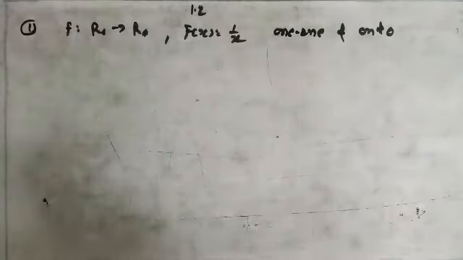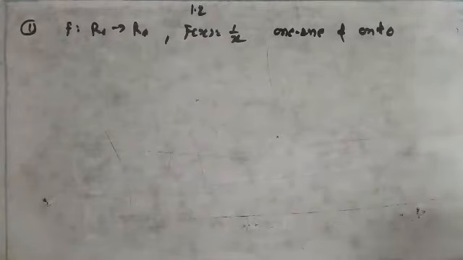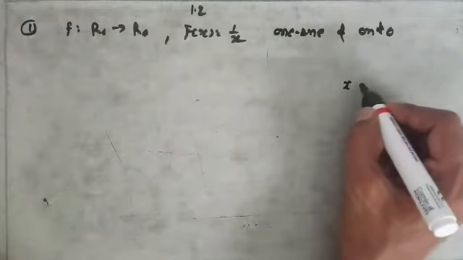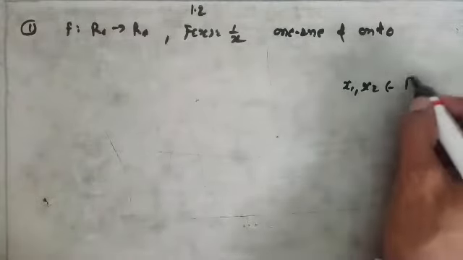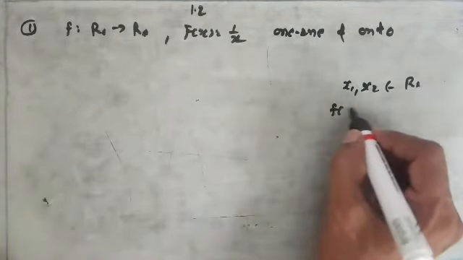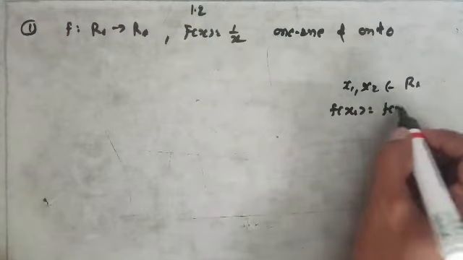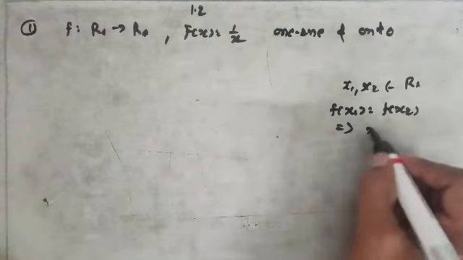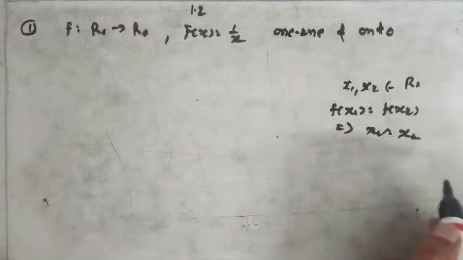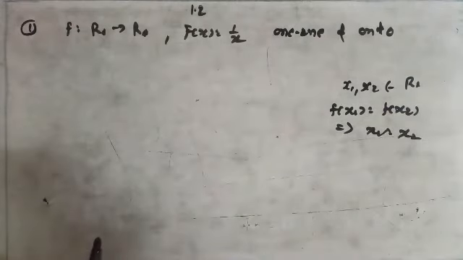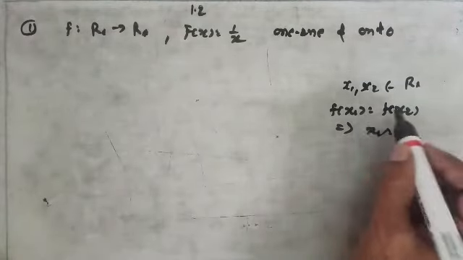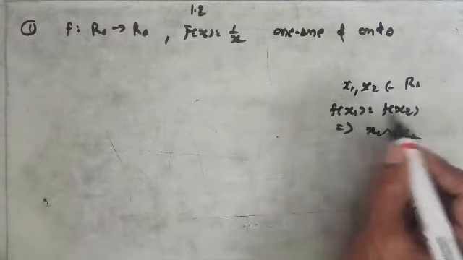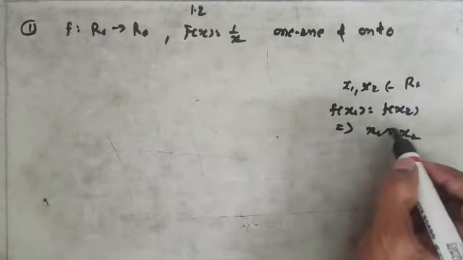First we prove that the given function is a one-one function. We know that by our definition, for x1, x2 belongs to domain, here domain is R*, f(x1) is equal to f(x2) and we prove that x1 is equal to x2. Then we say that the given function is said to be one-one function. That is, the images of the same element of x1 and x2 under f are same.